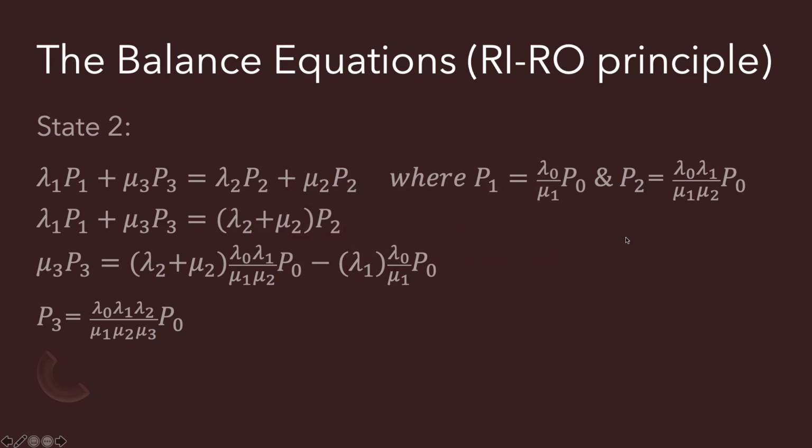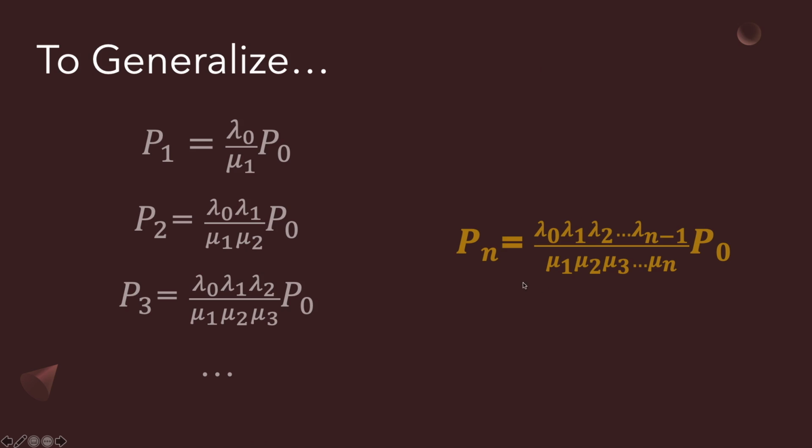And therefore, we can generalize P sub n, or the probability that there are n customers inside the system, to be equal to the multiplication of all the lambdas until lambda sub n minus 1 divided by the product of all the mu's until mu sub n, and then you multiply it by P sub 0.